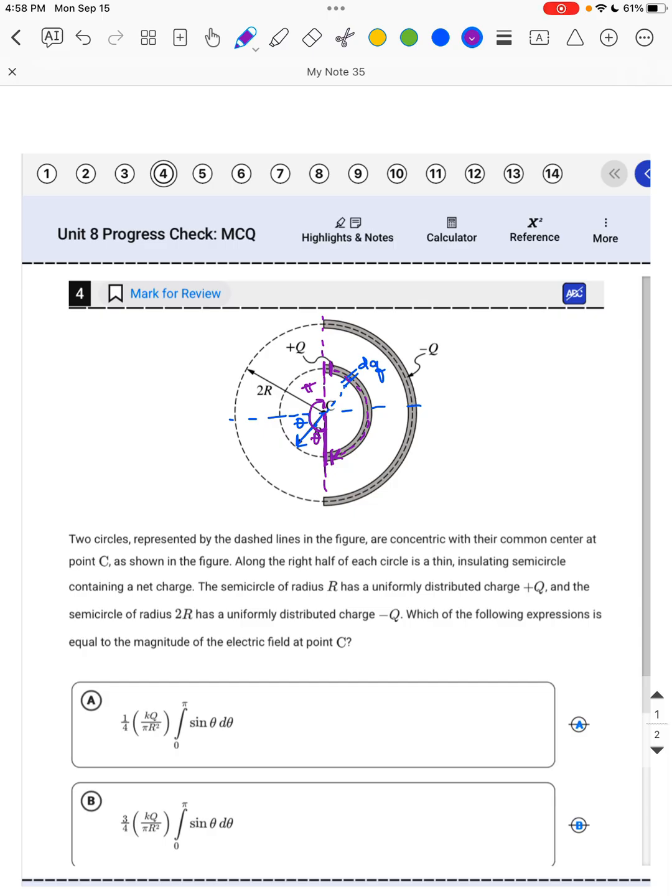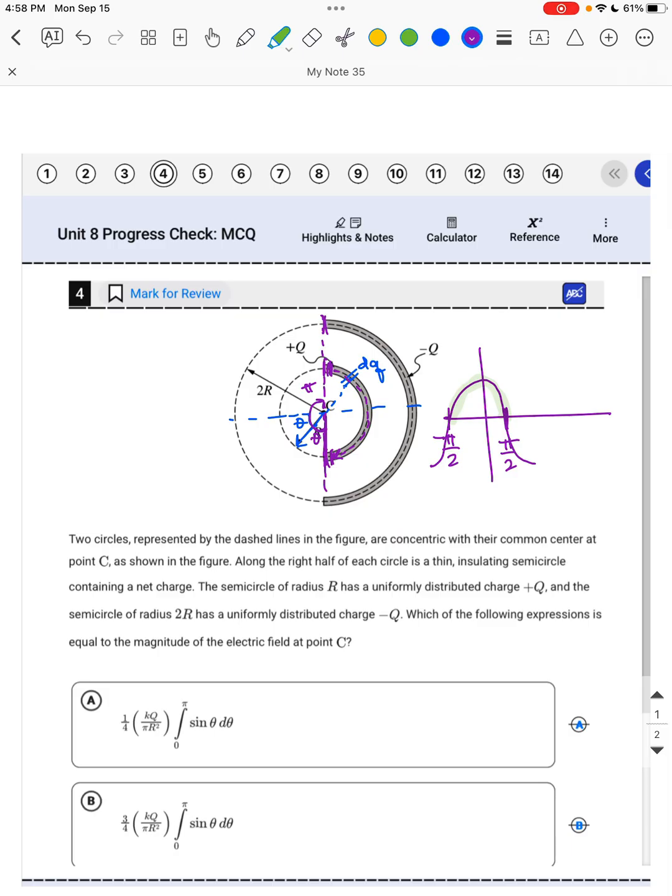Another way to think about it is if you were to solve this using cosine. Cosine looks like this. And I know this is not beautiful, but if I went from pi over 2 to negative pi over 2, which is where we take our pieces of charge, you can see that the graph itself is a hump in the positive side of my x-axis.